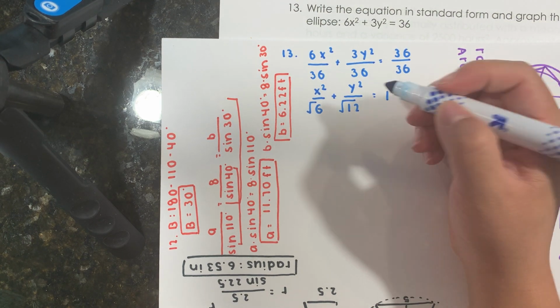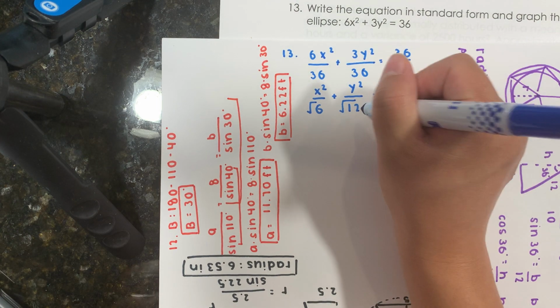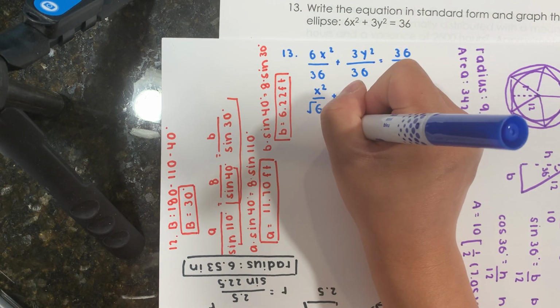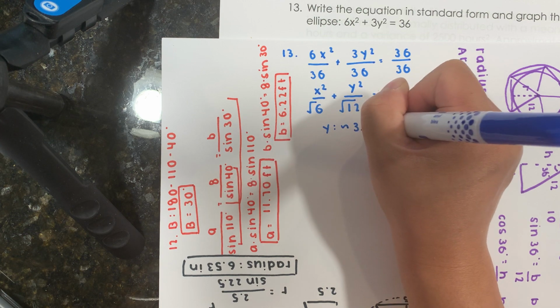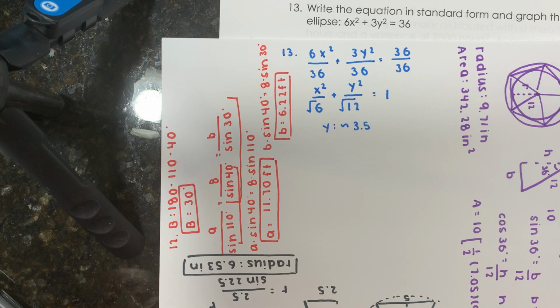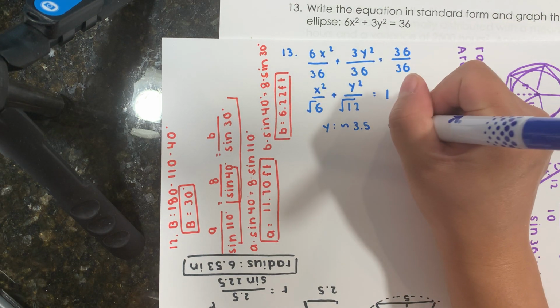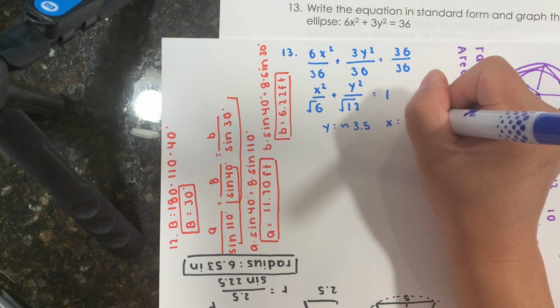And obviously that's not going to come out evenly, so approximately on the y-axis, you're going to go approximately 3.5. And then on the x-axis, you're going to go approximately a little less than 2.5.